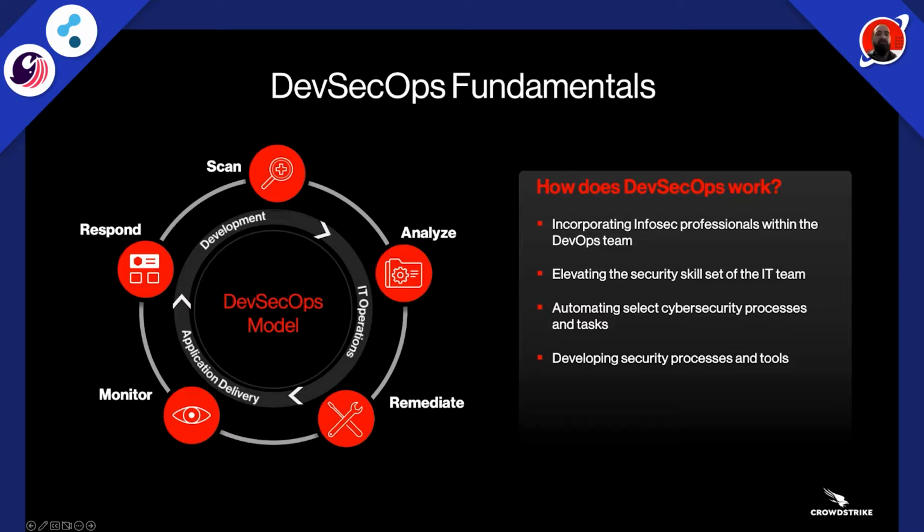Also elevating the security skill set of the IT team, to understand cyber risks and best practice so that each member can consider implications during the development process, and write code with security in mind. And then also automating security processes and tasks, such as testing for security exploits, to enable an agile workflow, and developing security processes and tools that are specifically designed to support agile technologies such as cloud, containers, and microservices.